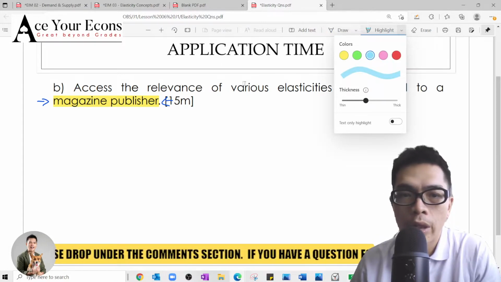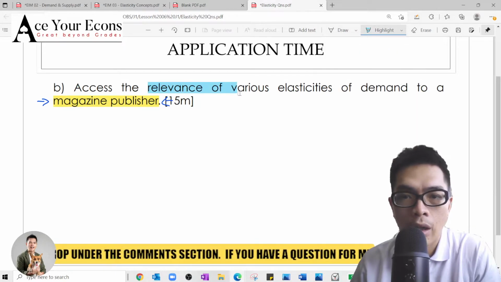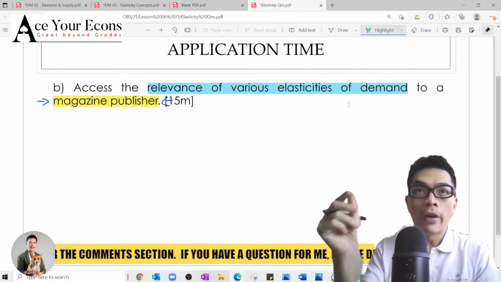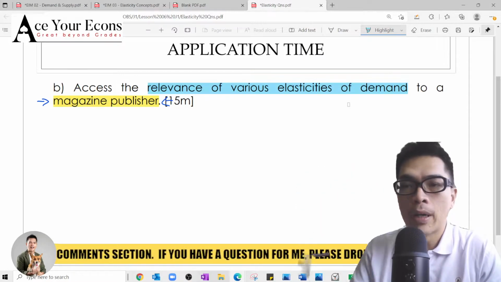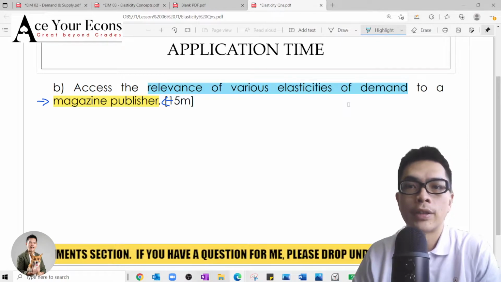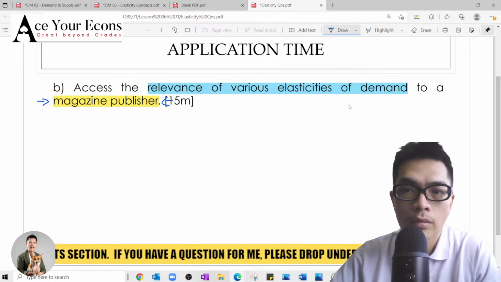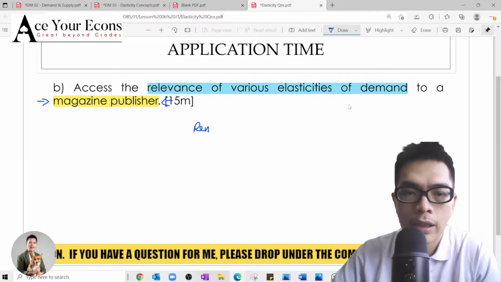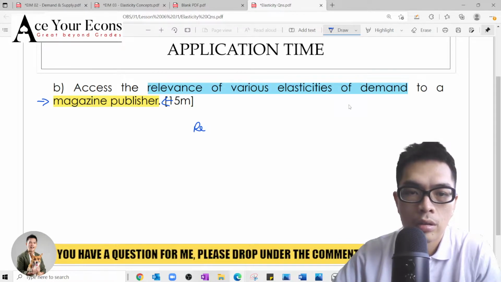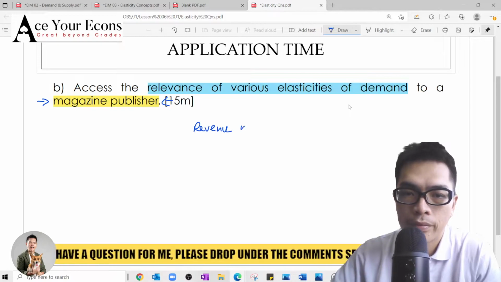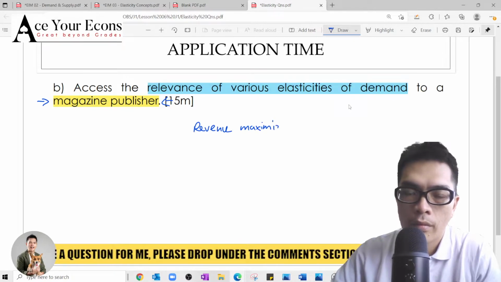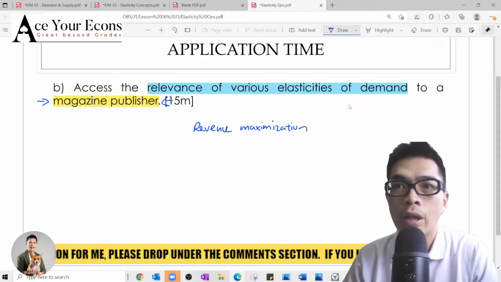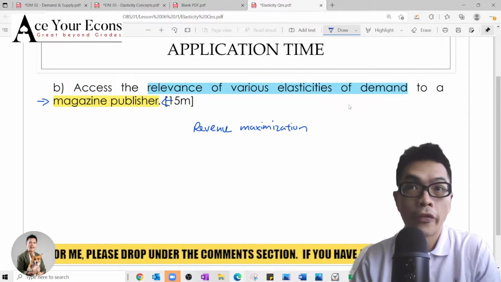Next, the question requires the relevance of various elasticities of demand. So we go back to the magazine publisher. What is the magazine publisher concerned about? They are likely to be concerned about revenue maximization, or profit maximization if you have learned firms and decisions.